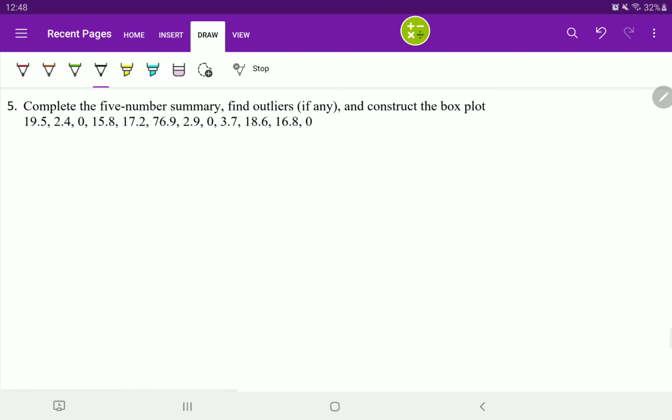First thing first, let's put our numbers in order from smallest to largest. So I see 0. I see another 0. One more 0. I see a 2.4. I see a 2.9. 3.7.